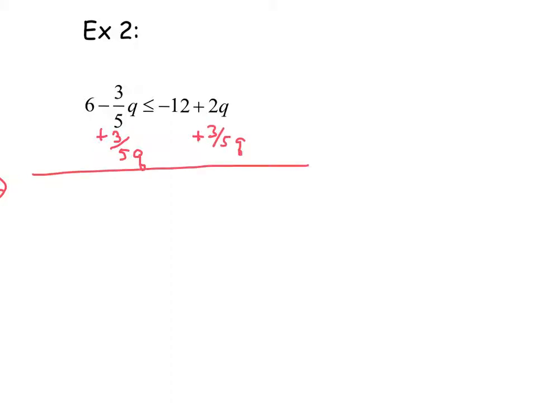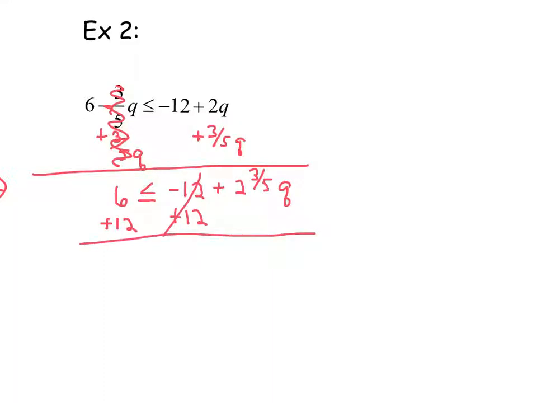Okay, when I do that, then these two cancel. I have to bring down my 6, bring down my inequality, less than or equal to, and then I have negative 12, bring that down, and then I add 2 and 3/5. So I have plus 2 and 3/5 q. Alright, now I need to add 12 to both sides.